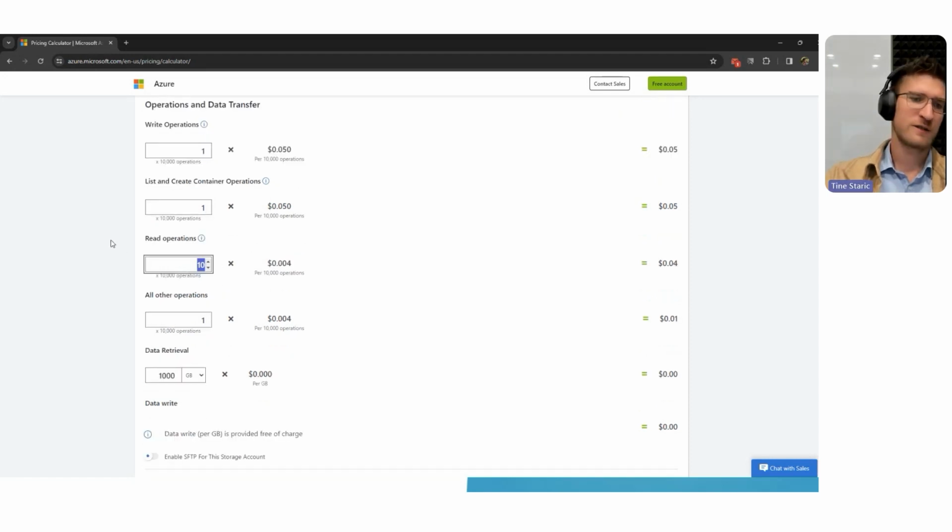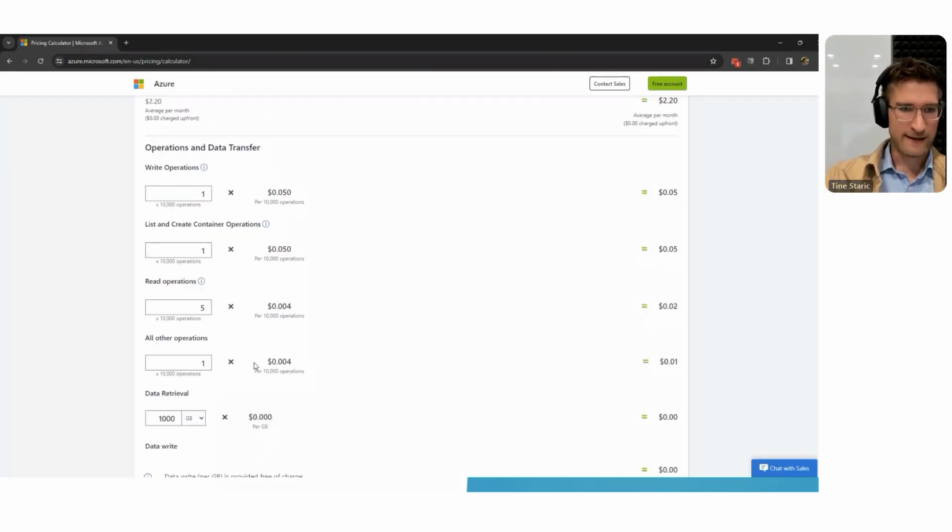From the formula, you would see that the recommendation for read operations is 5 times the amount of write operations. So let's go with 50,000 read operations over here and 10,000 other operations. So we have hugely overestimated how many operations will actually happen, and we're talking about 13 cents.